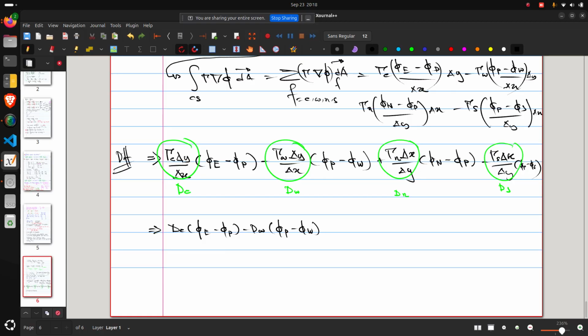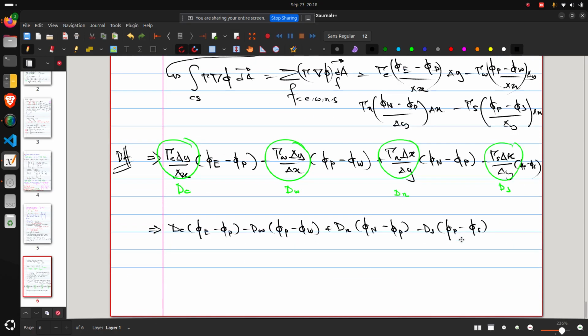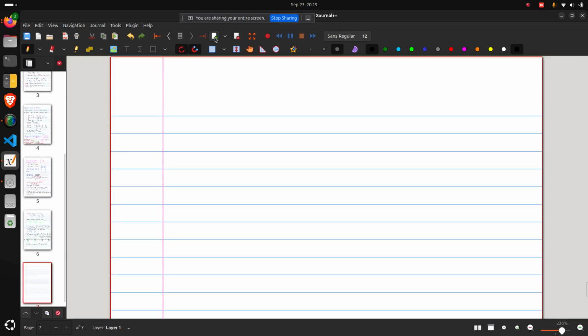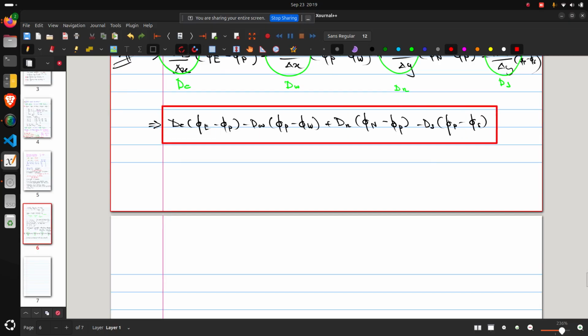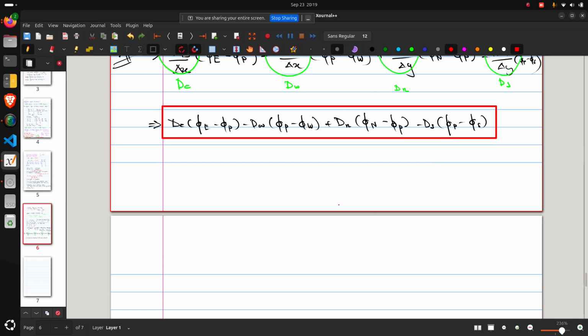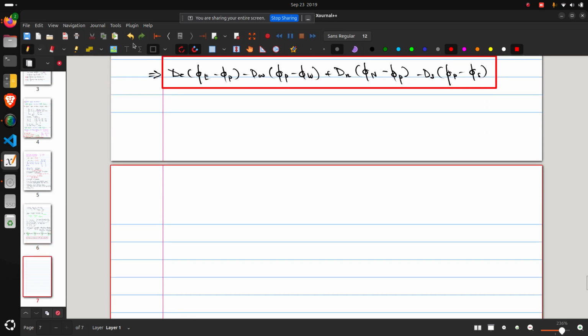These are all small letters because this is for the faces and capitals are for the cell centers, remember that. So we have our diffusion term and the source term ready, right? Now we are only worried about how we discretize the convective part. Okay, so what does our convective part look like?